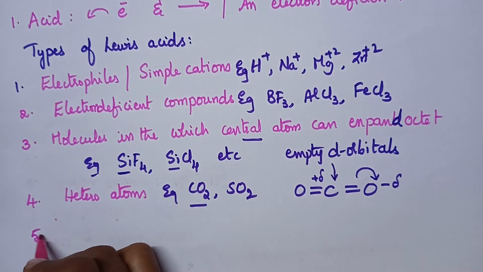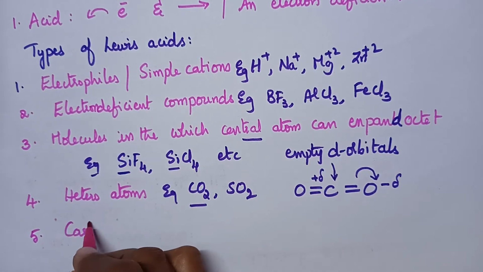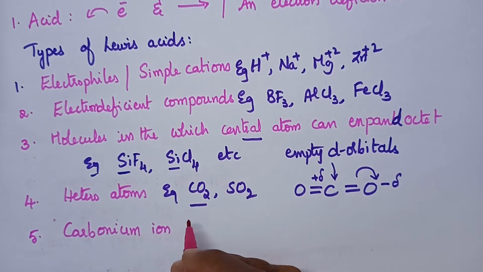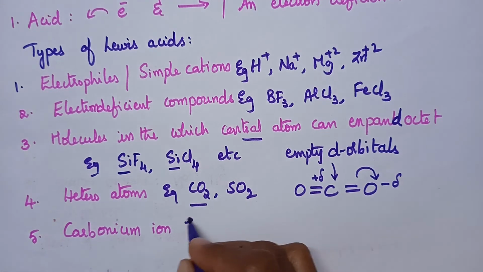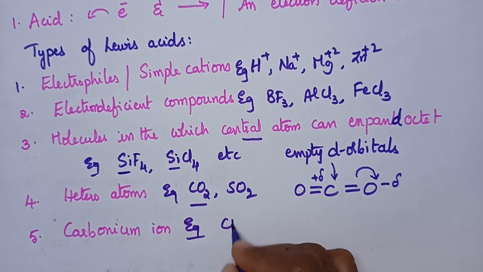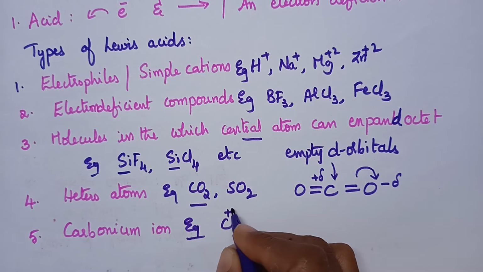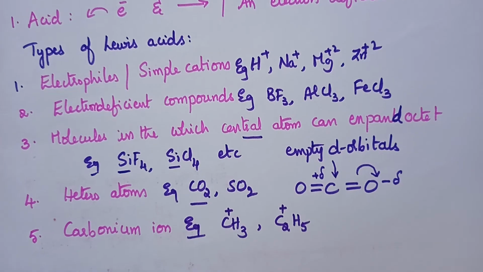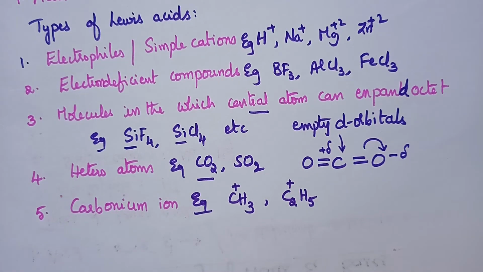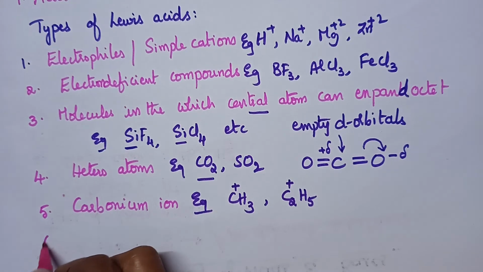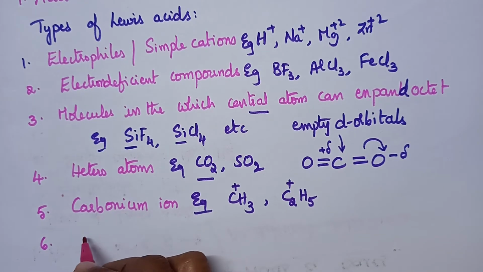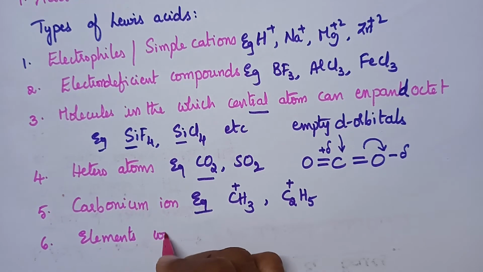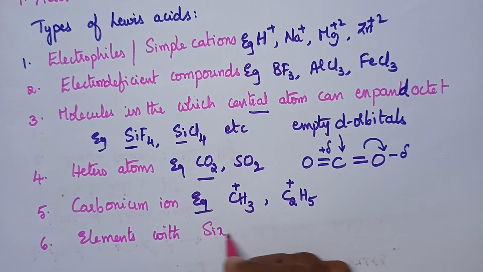In a similar way, the carbonium ions. Carbonium ions means if the positive charge is carried by the carbon atom. They are also electron deficient compounds and hence they can act as Lewis acids. At the same time, there are several elements which contain only 6 electrons.